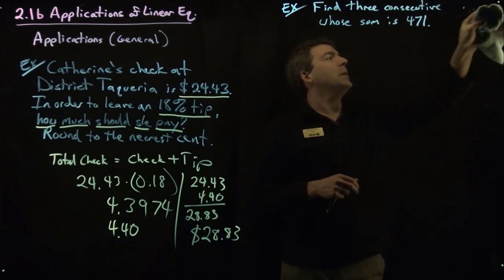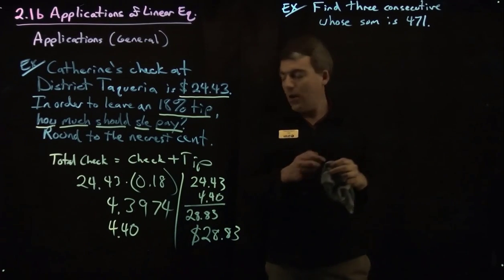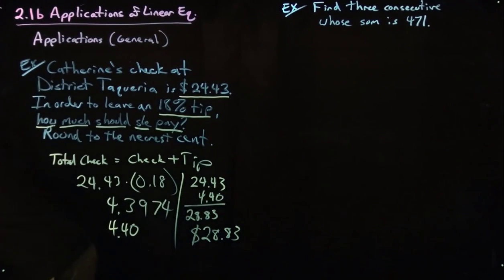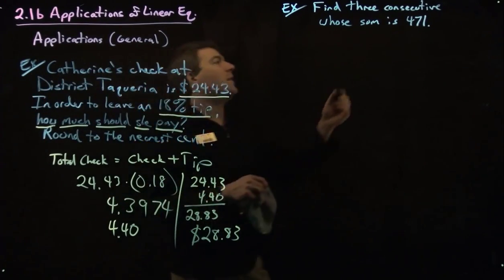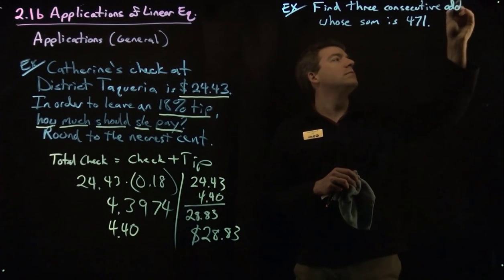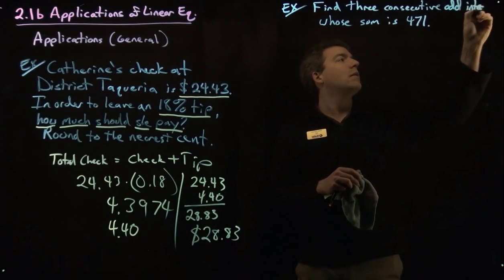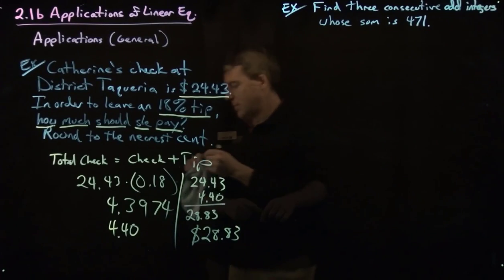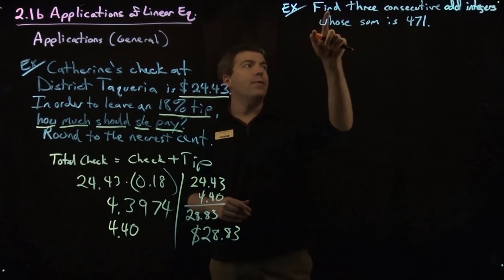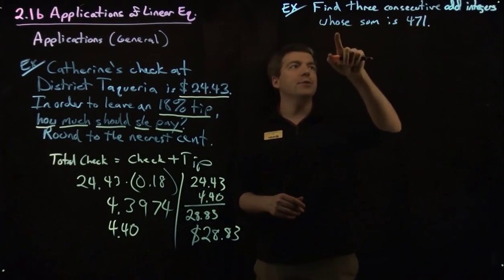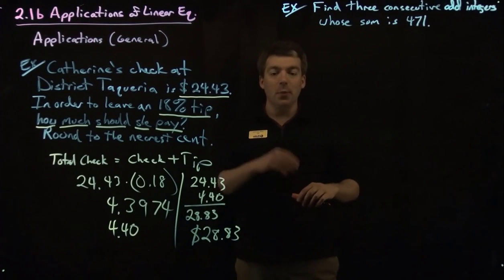Let's change that. I'm going to make that consecutive odd integers. So we want to find 3 consecutive odd integers whose sum is 471.